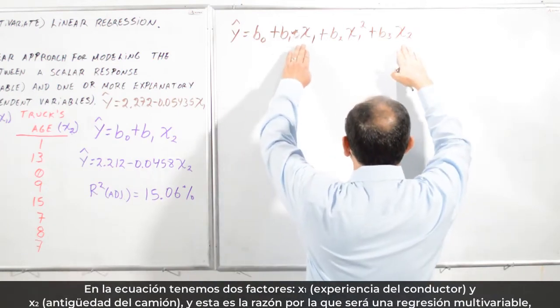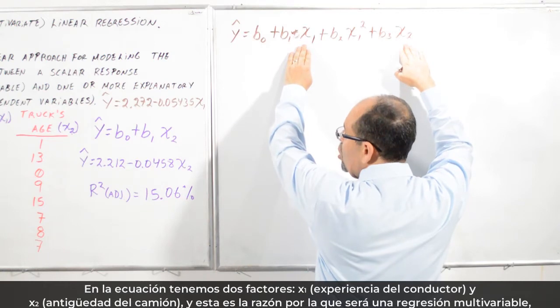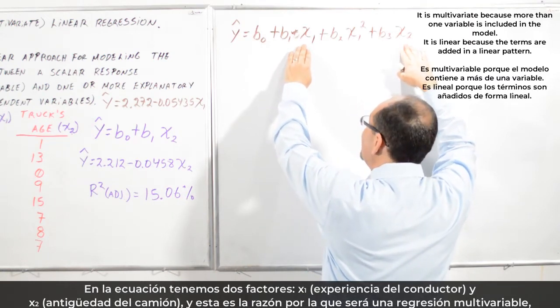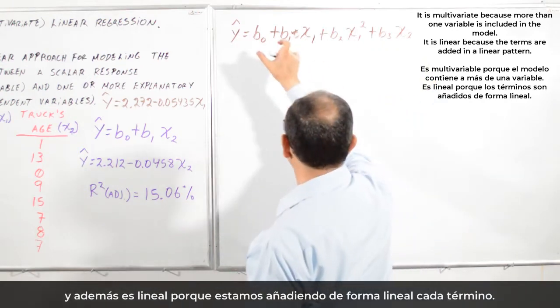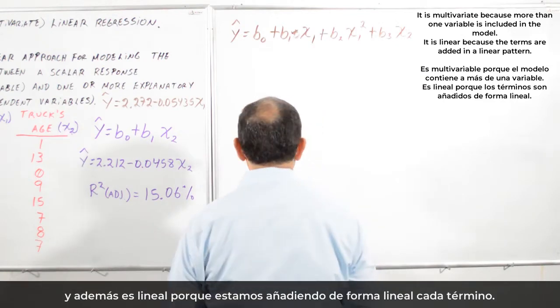Here we are having two factors, X1, driver's experience, and X2, which is Trox's age. That's why this will be a multivariate linear regression. We are adding terms, so that's why it's a linear equation.